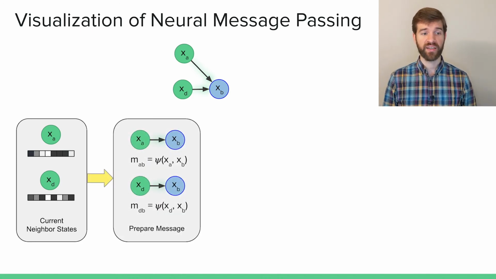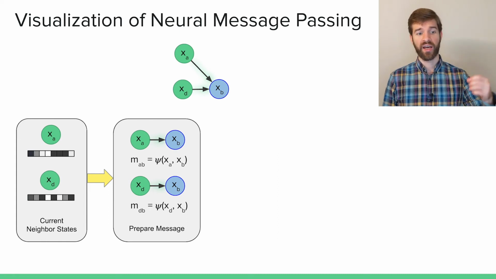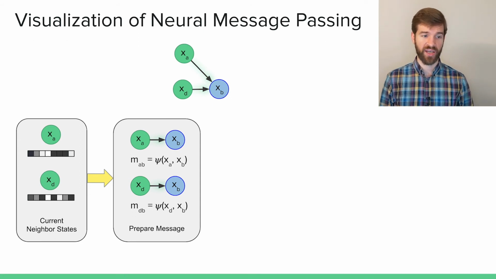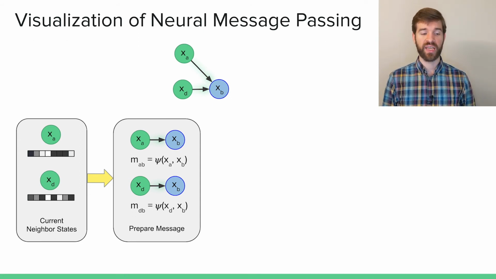And then we take a function here, this function psi, that incorporates the information from the node XA as well as XB. So they collaborate on creating this message MAB, and we do the same for the other nodes. So we have two messages, AB and DB.